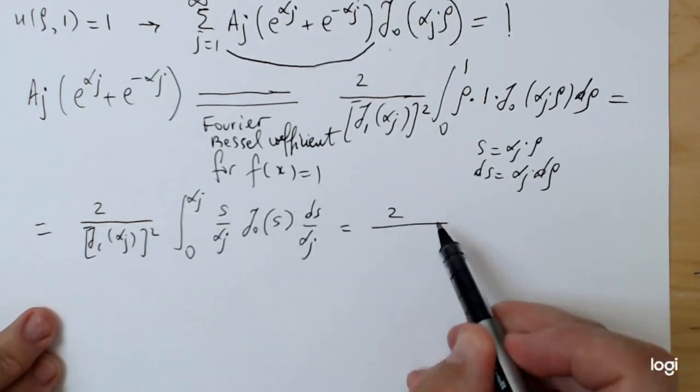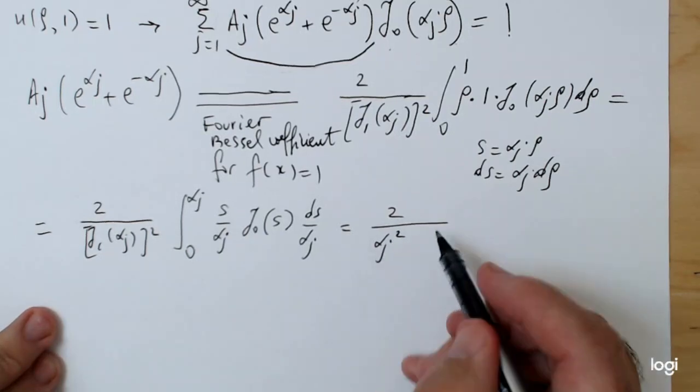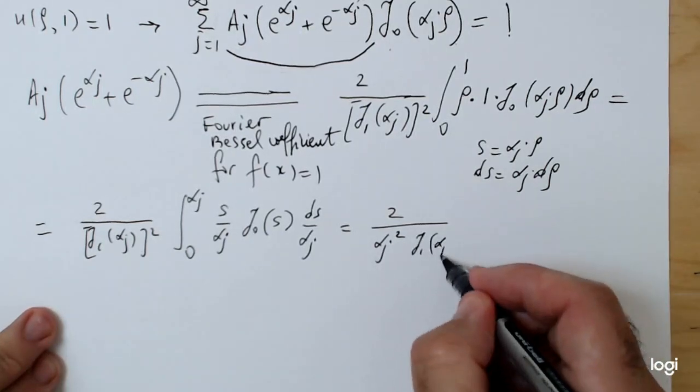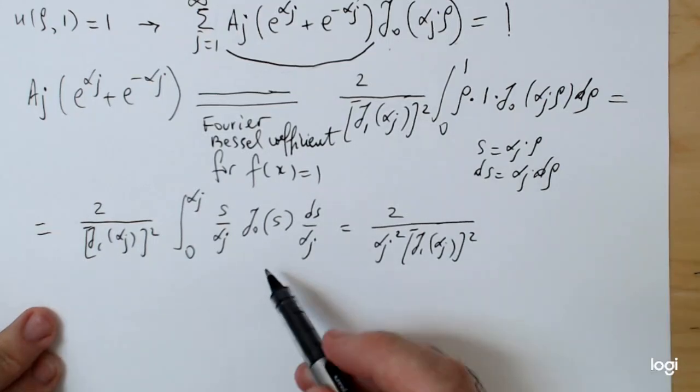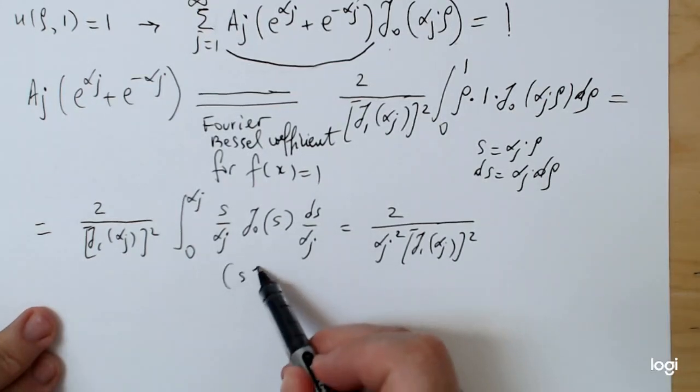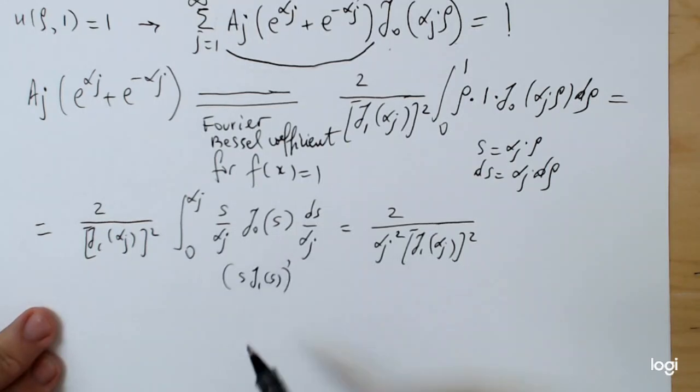So on the outside, we have 2 over alpha_j squared, J1 of alpha_j to the power 2. And remember, what's inside the integral can be written as the derivative of s J1 of s.